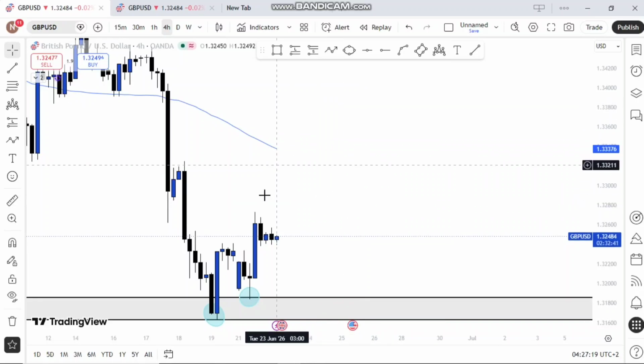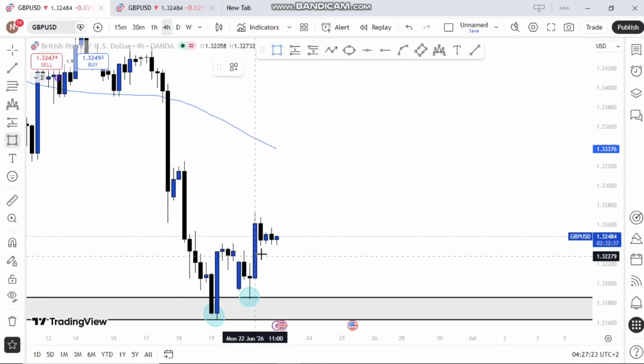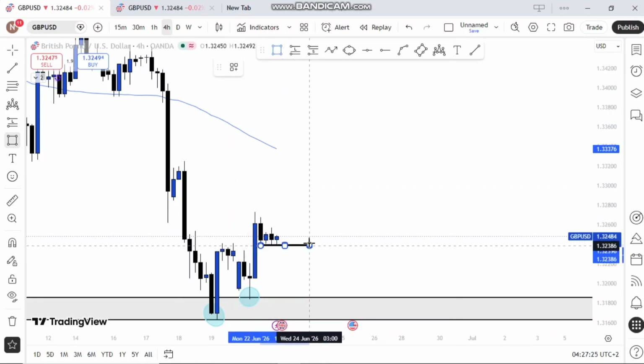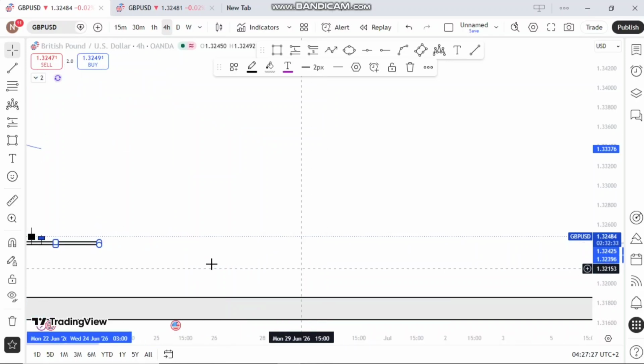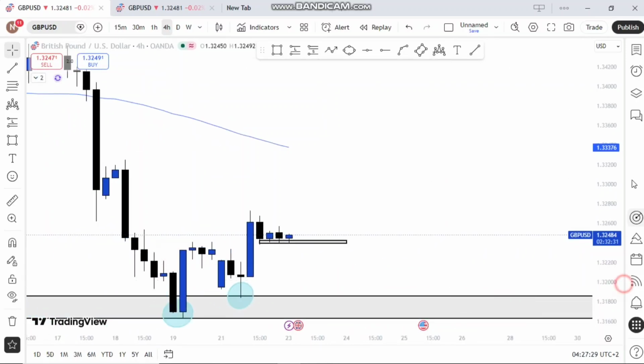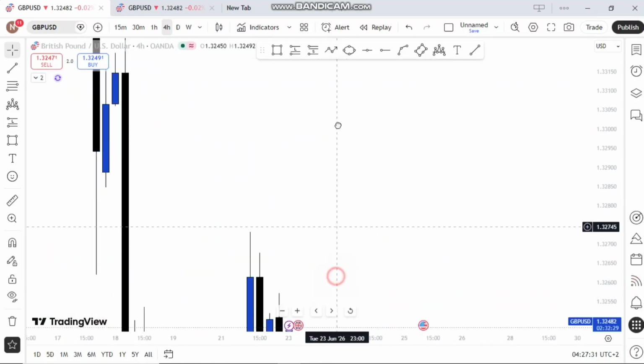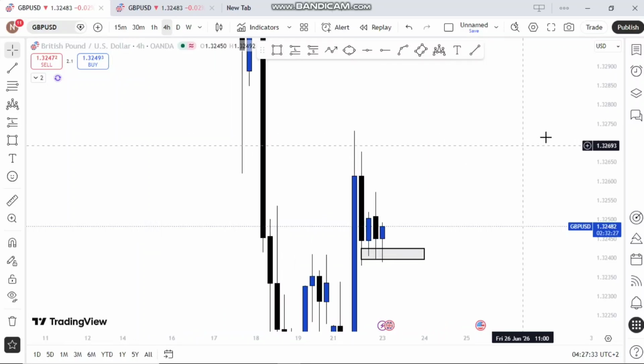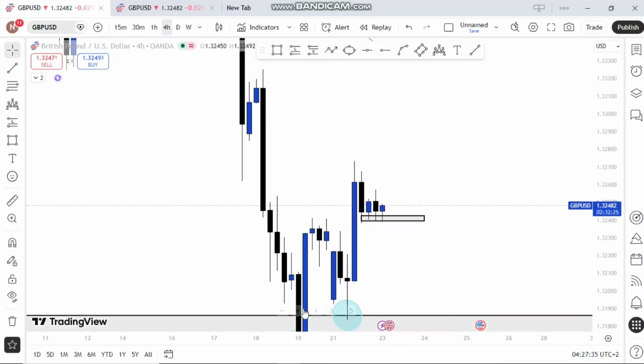That's what I'm saying. Buy. Multiple rejections here. Buy. We had one engulfing candle, we retraced it. Another one, rejections. Buy. Please just buy.